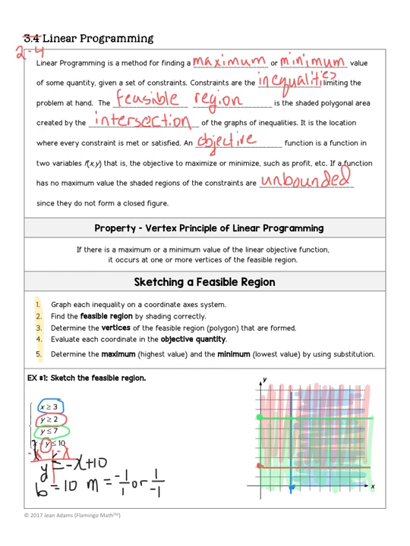So I'm going to plot a point at 10, and then I'm going to go down 1 to the right 1, down 1 to the right 1.